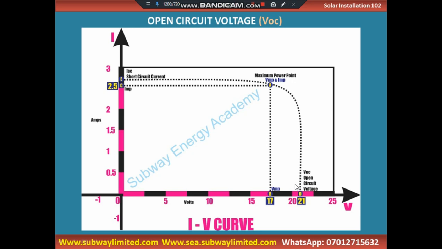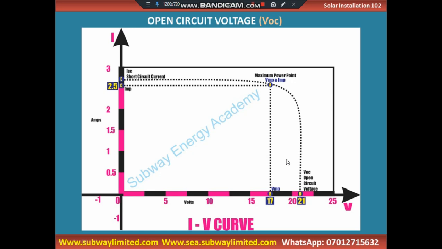So it's certainly going to be higher than the voltage at maximum power, because the voltage at maximum power depicts when your solar panel is under a load. So the open circuit voltage is the voltage that is measured across the two terminals of a solar panel when the solar panel is not connected to any load.